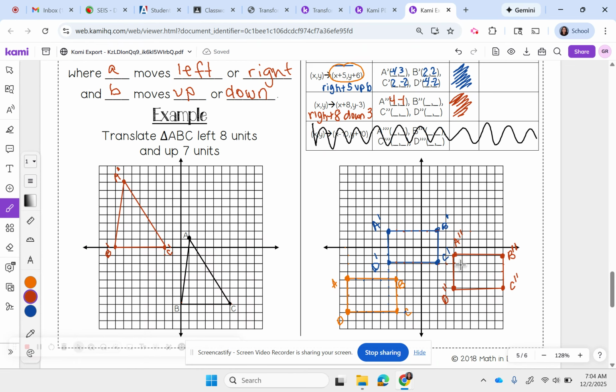For B, I'm going all the way to the end: 1, 2, 3, 4, 5, 6, 7, 8, 9, 10, and then down 1, so that's 10, -1. C is also all the way to the end, so that's 10, and down 1, 2, 3, 4, 5, so 10, -5. And then for D, I have 4 to the right, down 5. So I have 4, -5.